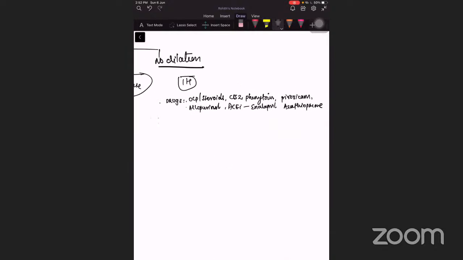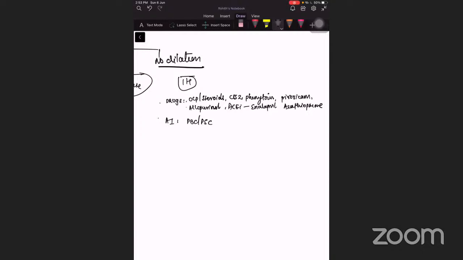So if these are ruled out, then you think of autoimmune conditions. Mainly you think of PBC and PSC, primary biliary cholangitis and primary sclerosing cholangitis. Okay.